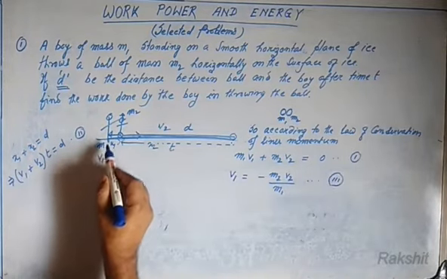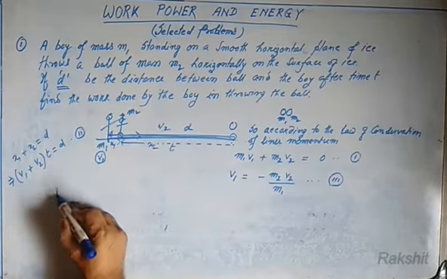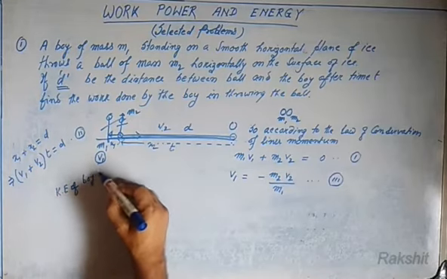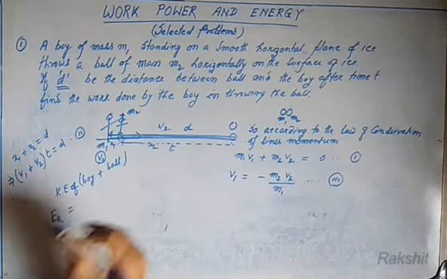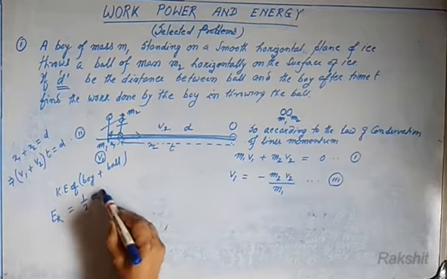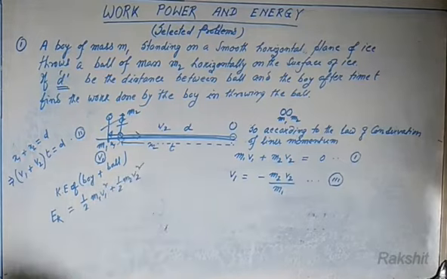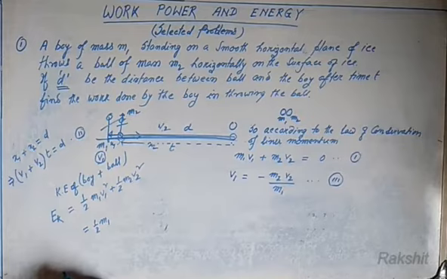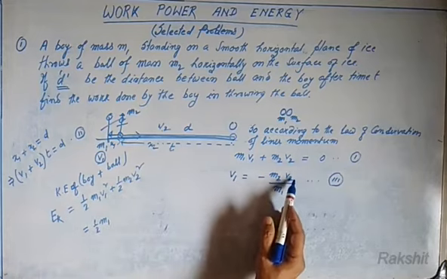So when the boy gains a velocity v1 and the ball gains a velocity v2, the kinetic energy of boy plus ball is Ek equal to half m1 v1 square plus half m2 v2 square, equal to half m1 into (minus m2 by m1 into v2) square.